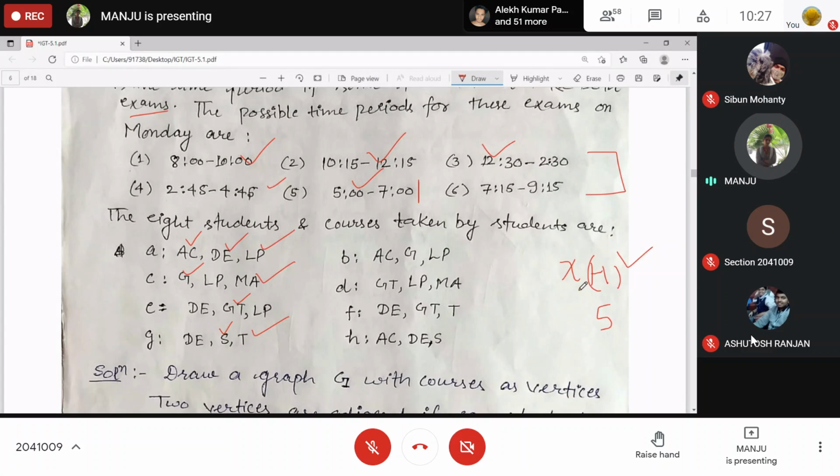If 5 is the chromatic number, then we can finish up to 7. If the chromatic number is 3, we can finish up to 2:30. If it is 4, 4:45 we can finish. Clear? Ma'am, 5 to 7. Is it 5? Again check it.